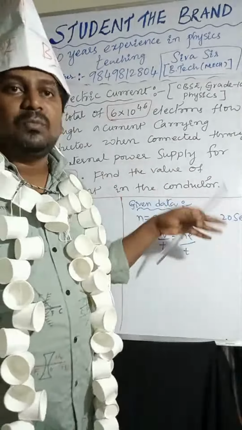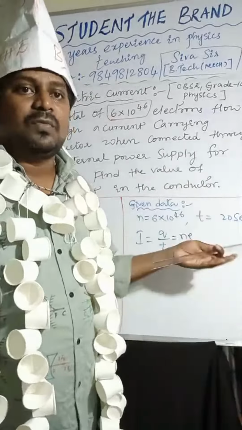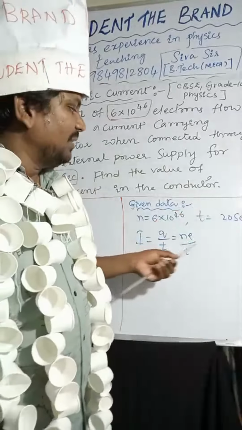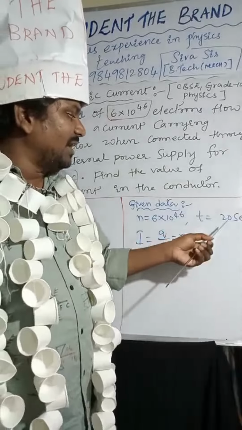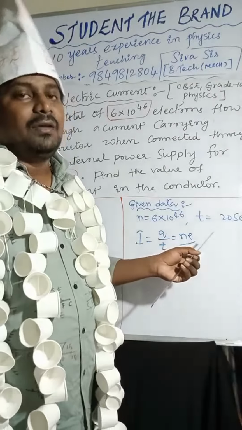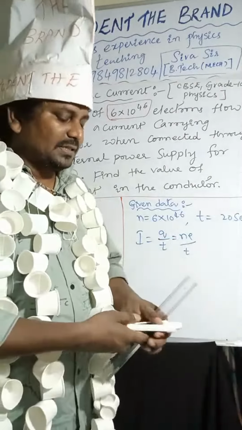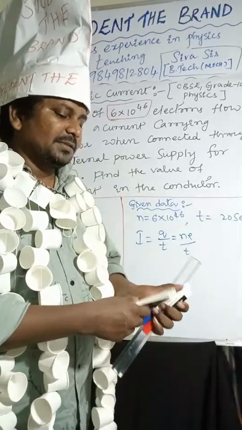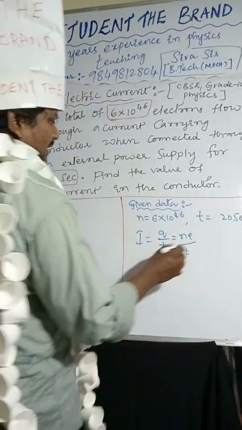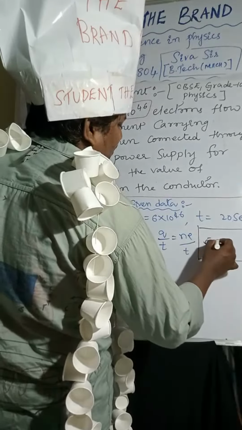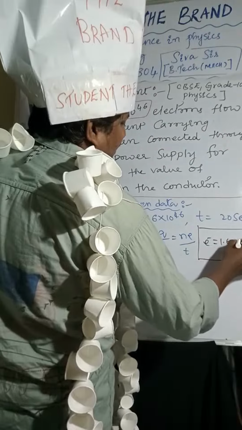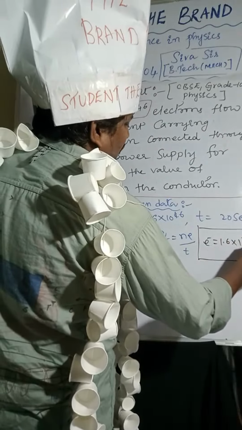But one more formula we can use, that is I equal to n e by t. Here the n value and t value are given. The e value we have to remember, as I said in the previous class: 1.6 into 10 power minus 19 coulomb.